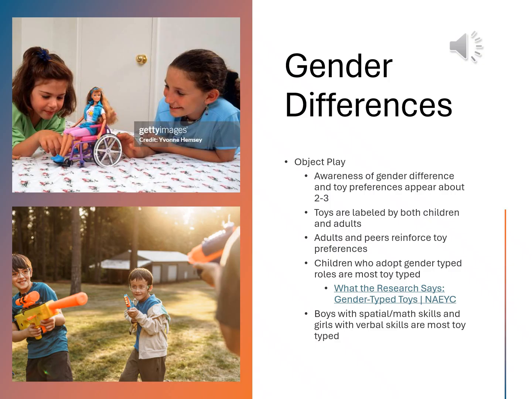And that's more likely if those abilities and your gender match the gender of that particular toy. So girls who tend to be very verbal tend to lean heavily into traditional girl toys. And boys who have better math skills, spatial skills early in their life tend to lean more heavily into more traditional boy toys.